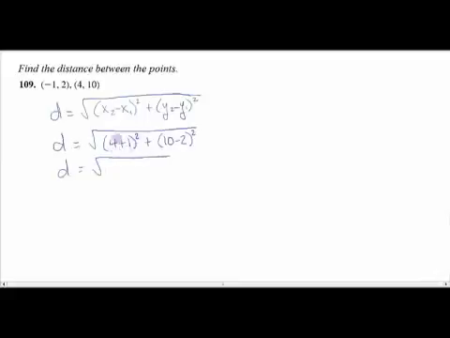So I have the square root of this is 5 squared plus 10 minus 2 is 8 squared. So the distance is going to equal 25 plus 64 in my square root, which is the square root of 89. Now 89 is not going to break down, so that's just our distance, the square root of 89.